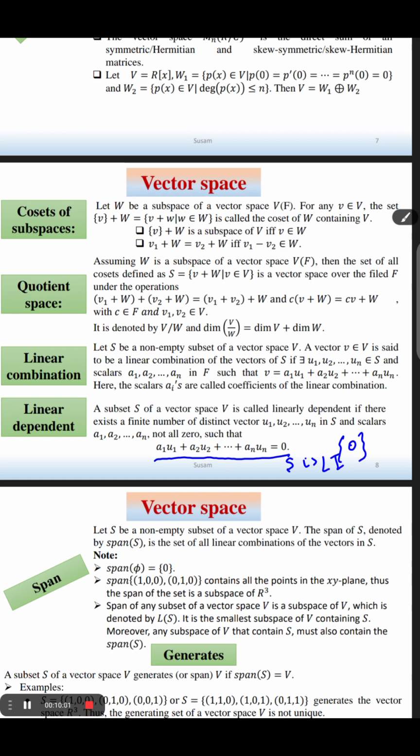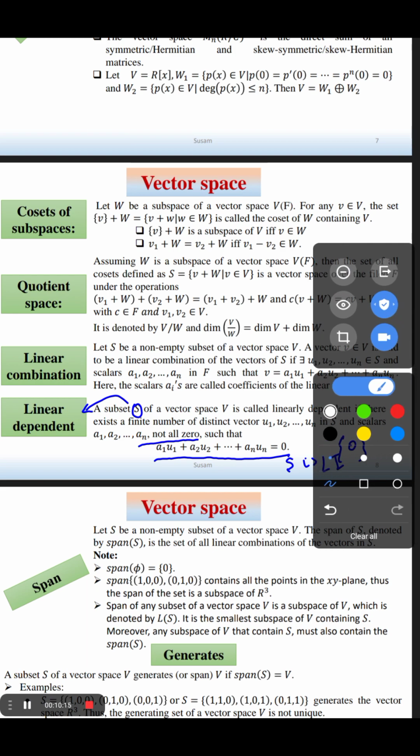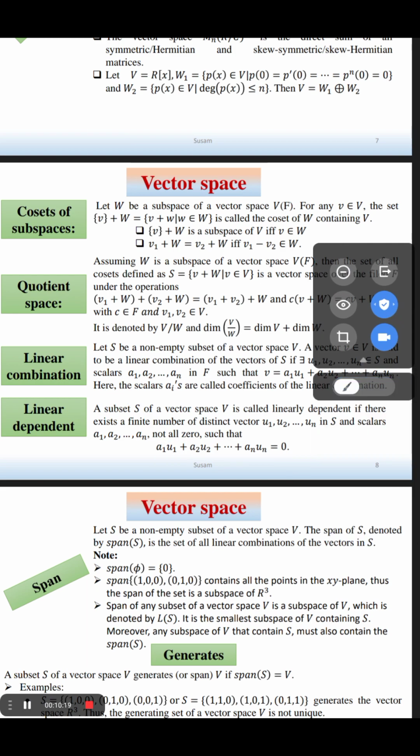If any of them is not 0, then we call the set S linearly dependent. Got it? Thank you. Let's go to the next slide.